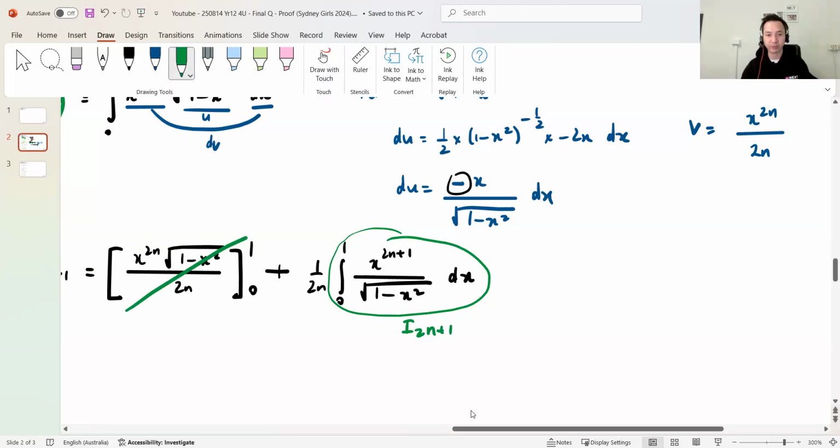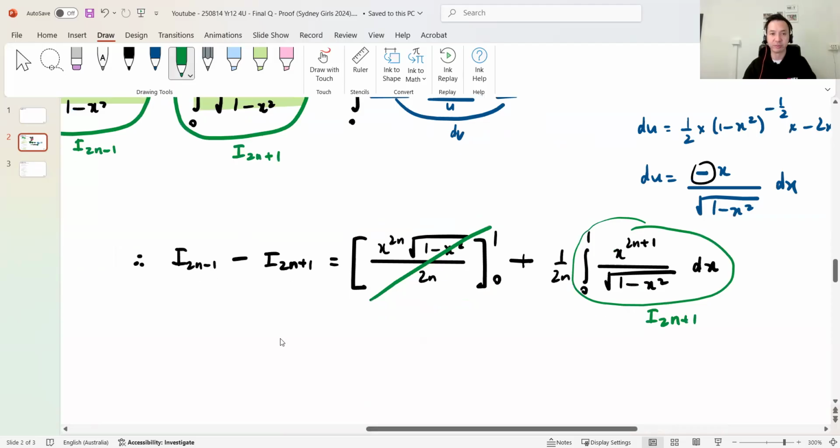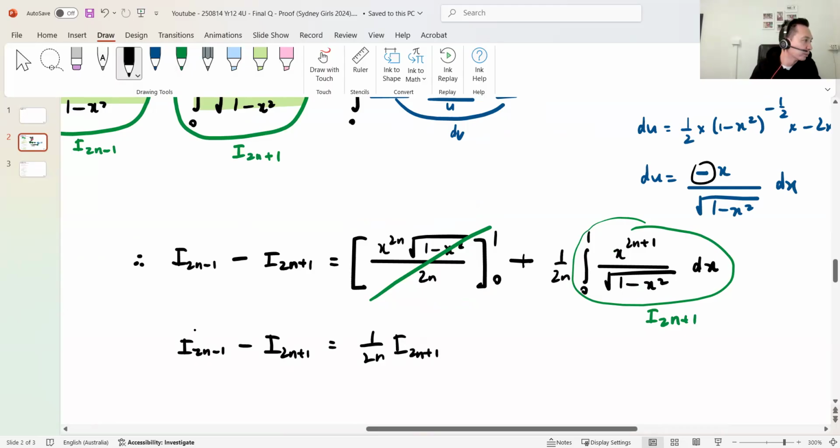Okay. So what I'm left with, and hopefully this is going to give me the answer, is I_(2n-1) minus I_(2n+1) equals 1 on 2n times I_(2n+1). So what am I trying to make the subject? I_(2n+1). So I'm going to bring this guy over, factorize.